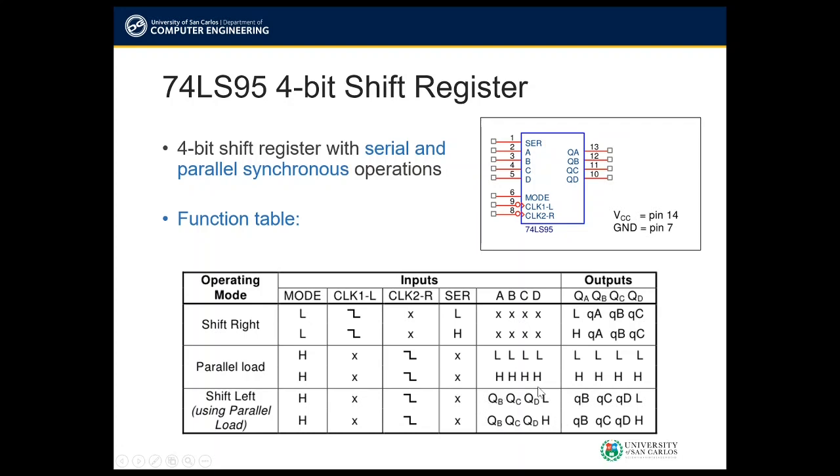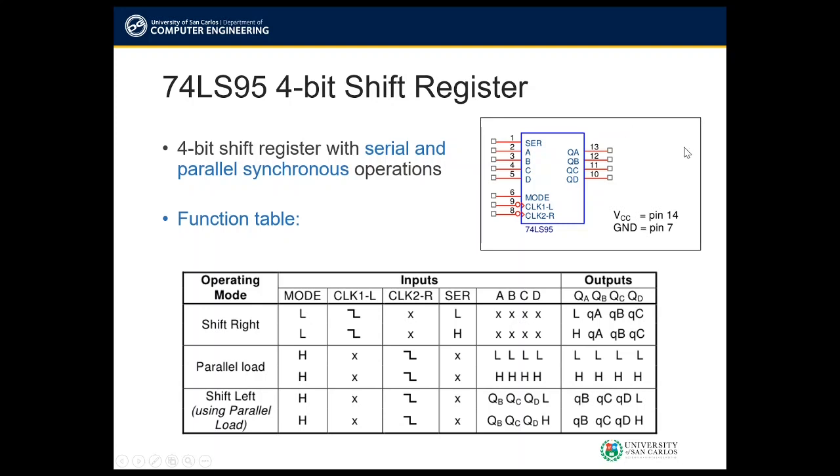So which means that our serial input for left direction or SIL must be at D, so here. And the output of QD is connected to C. The output of QC is connected to B. The output of QB is connected to A. And QA is our serial output left or SOL.